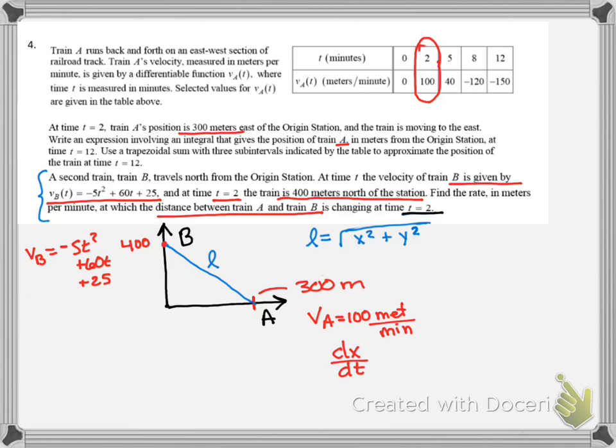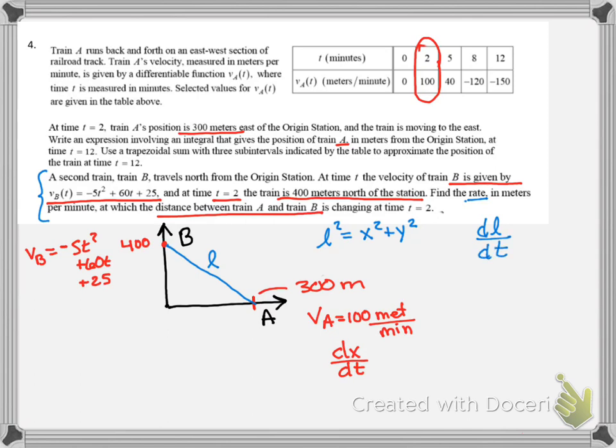Or maybe even easier, instead of using the square root, we'll say L squared equals x squared plus y squared. And so they want the rate that the distance between the two trains is changing. They're really looking for what is dL dt.